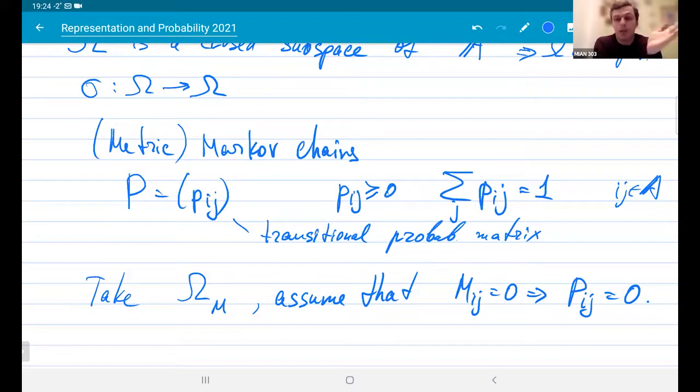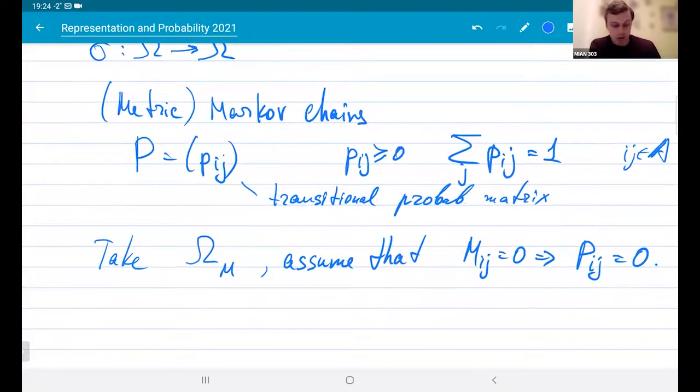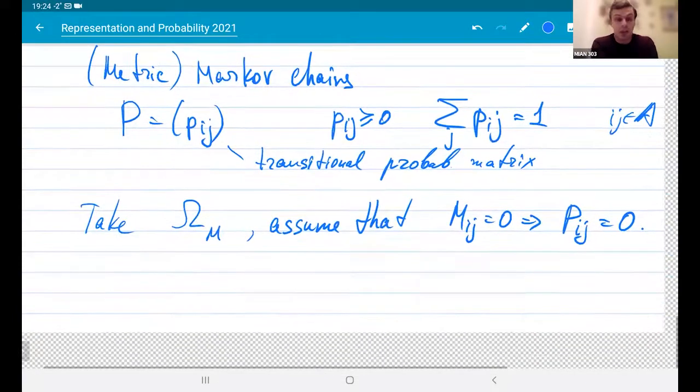For example, we can say that M_ij is 0 if P_ij is 0. So this is a two-way correlation of these two constructions.